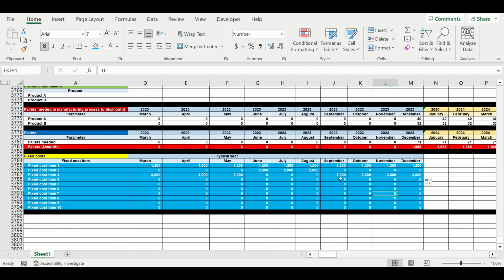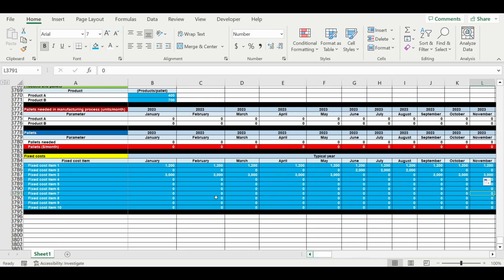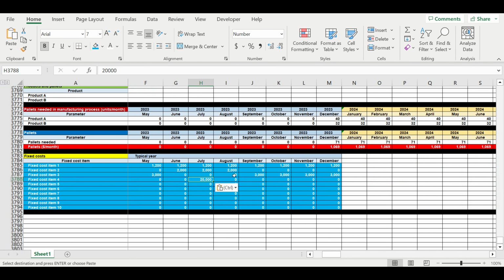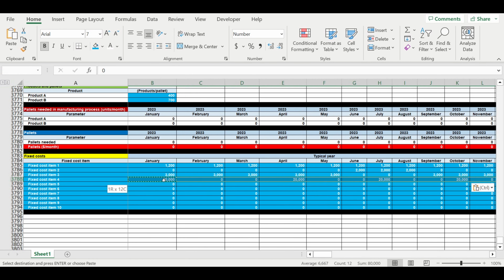Or for example, some expenses may occur once in a quarter. So they are fixed, but we can't just take the same value and divide it evenly inside the year. This is wrong, and that's why you have to think hard.